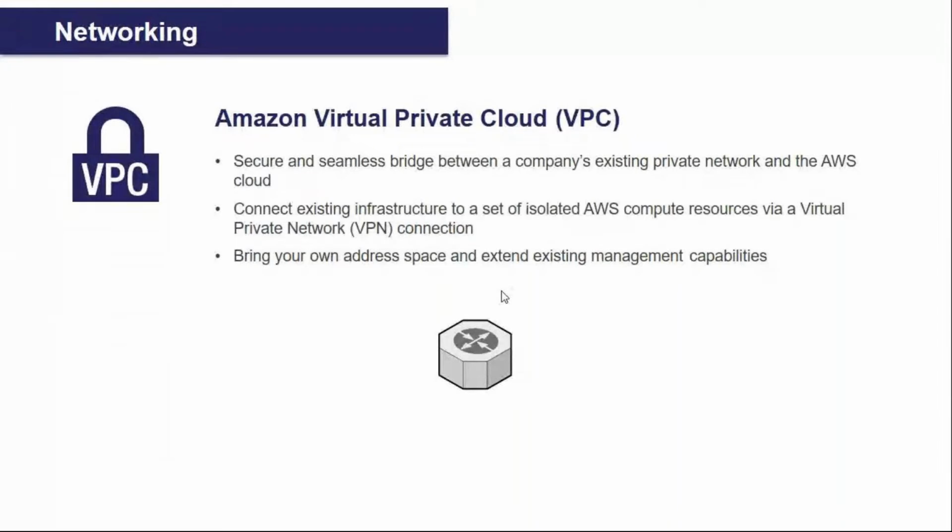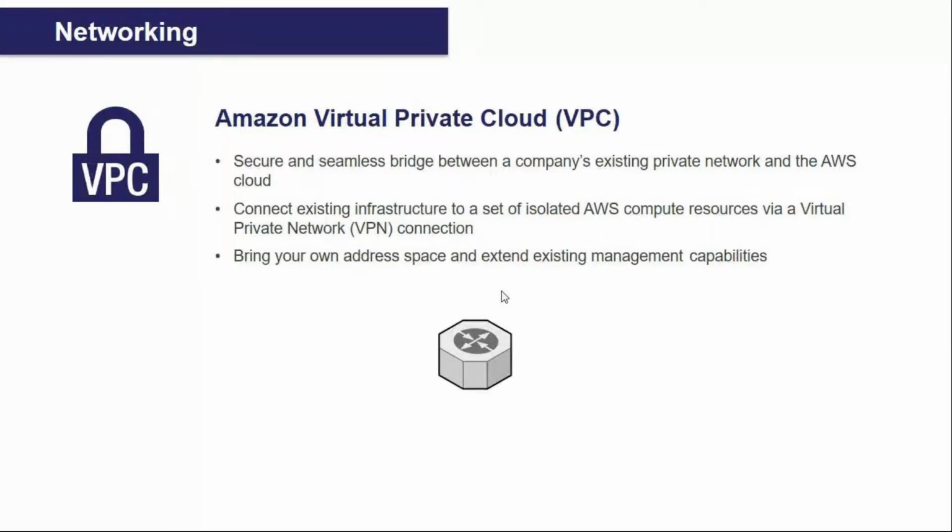So what is Amazon VPC? Amazon VPC is the Amazon Virtual Private Cloud. Amazon Virtual Private Cloud lets you provision a private, isolated section of the AWS cloud where you can launch AWS resources in a virtual network that you define. So whatever parameters you want in your network, you can straight away configure and define your network in your own way.